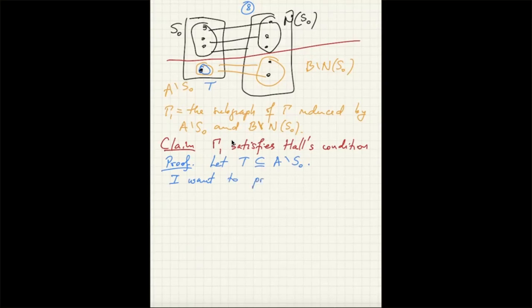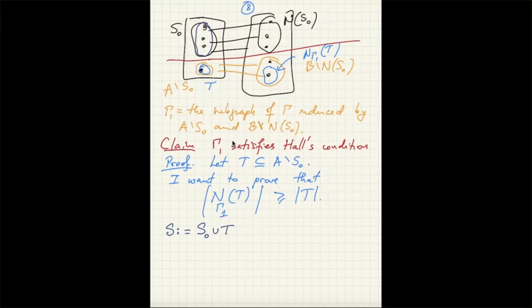I want to prove that the neighborhood of T in the graph gamma 1 has cardinality at least the cardinality of T. So how do we do that? Well, this is how we do it. We define S to be the set S0 union T. So we tag along S0 to these vertices in T.